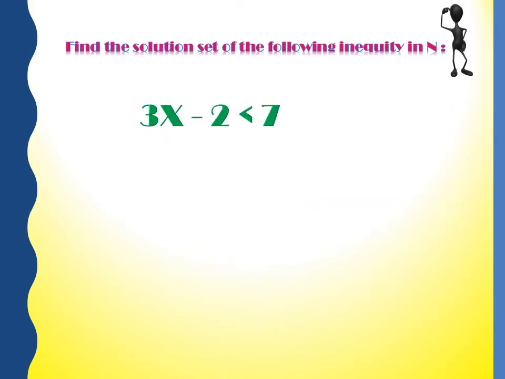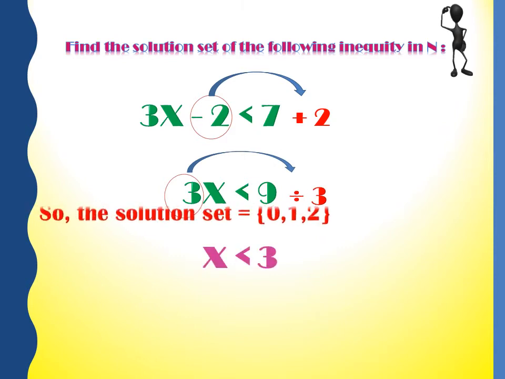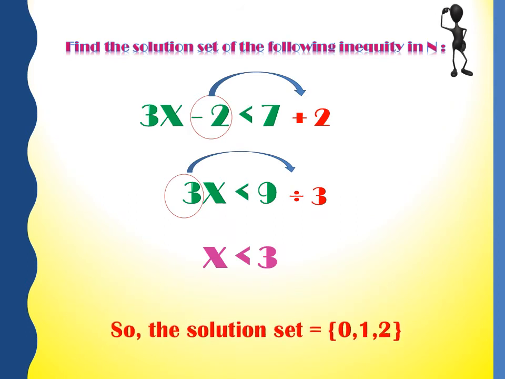Another example, let's circle this negative 2, throw it to the other side to have plus 2, 3x smaller than 9, and let's throw the 3 to the other side by dividing to have x smaller than 3, and the solution set in the set of natural numbers is 0, 1, and 2.